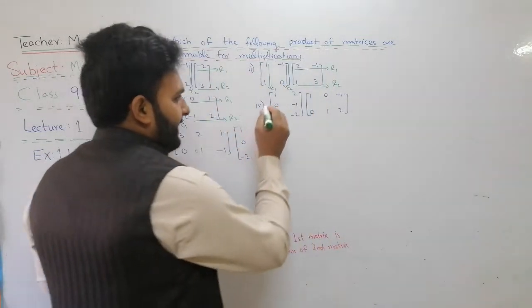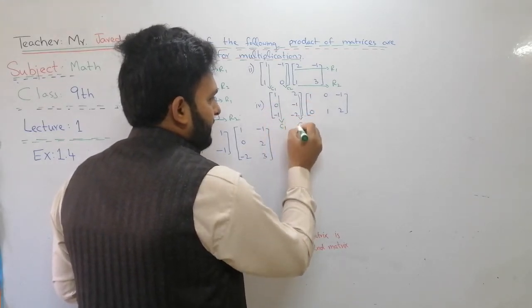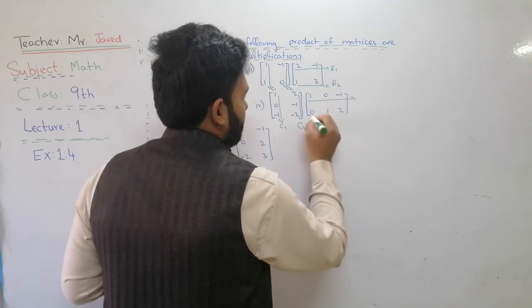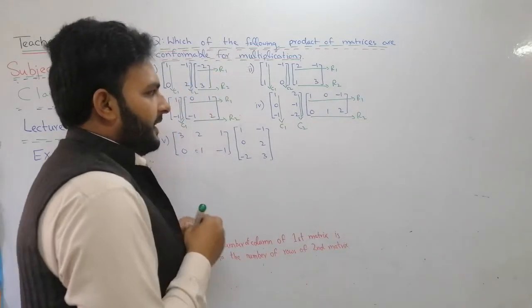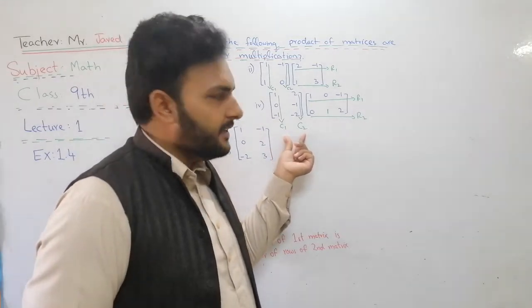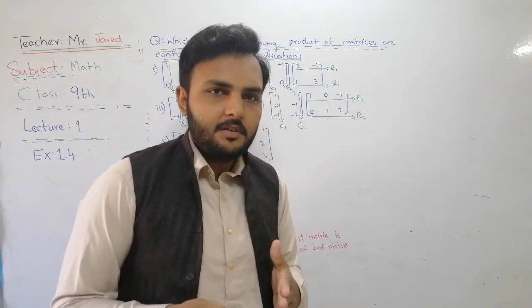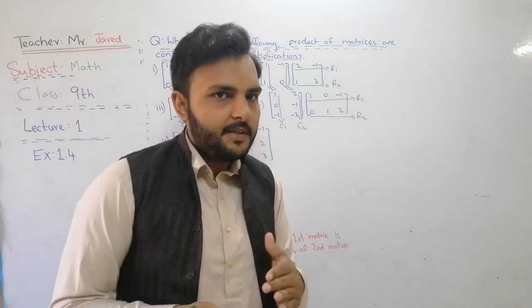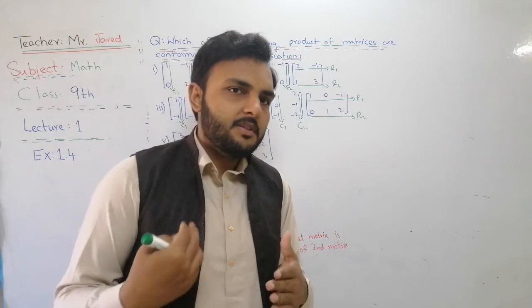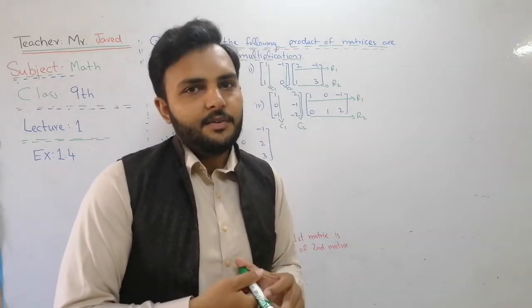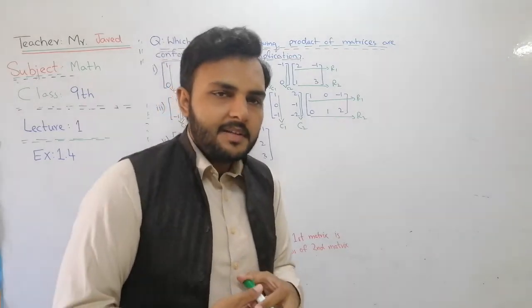All right, let's see the columns. First column, second column. How many rows? First and second. This is the first row, this is the second row. So there are two columns in the first matrix and two rows in the second. The number of columns in the first matrix is equal to the number of rows in the second. So these matrices are conformable for multiplication.